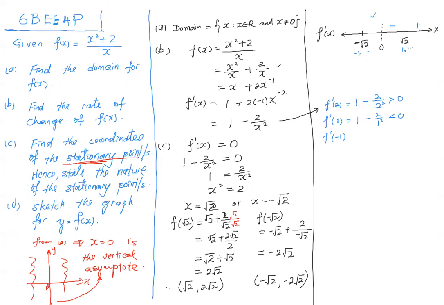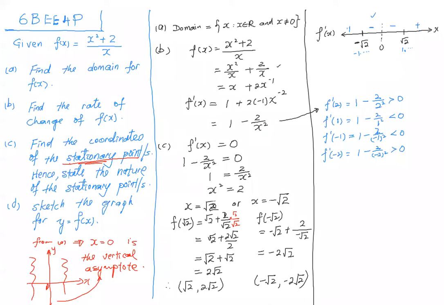So you can do it without a graphic calculator. 1 minus 2 over negative 1 squared is less than 0. So this is negative. Then I try f prime negative 2. So this is 1 minus 2 over negative 2 squared, which is more than 0, plus.